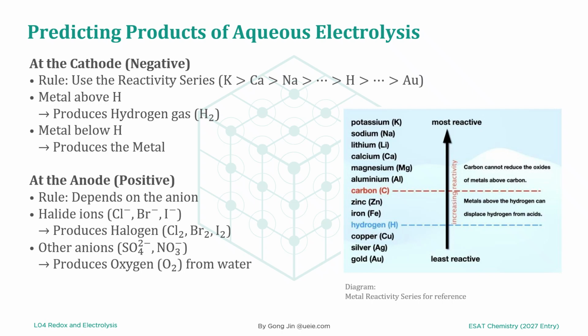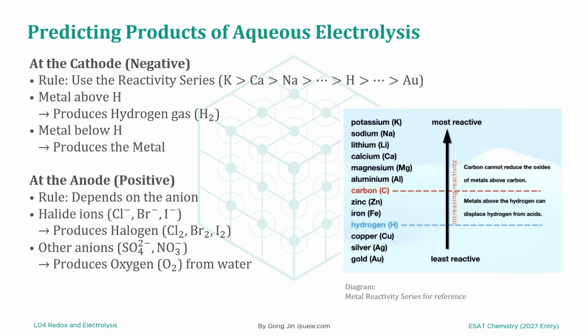To predict what happens in aqueous electrolysis, we need some simple rules. At the cathode, it's all about the reactivity series. If the metal in the salt is more reactive than hydrogen, like sodium and magnesium, hydrogen gas is produced. If it's less reactive, like copper, silver, the metal itself is produced.